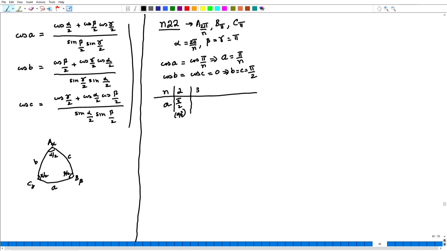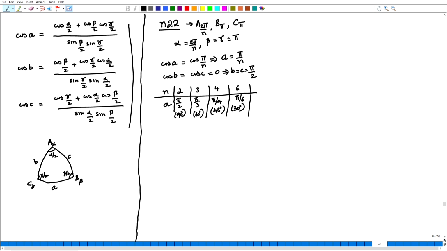Three-fold, it would be pi by 3 or 60 degrees. Four-fold, pi by 4, 45 degrees, and then the last crystallographic axis, a six-fold axis, would give me a value of A as pi by 6 or 30 degrees.